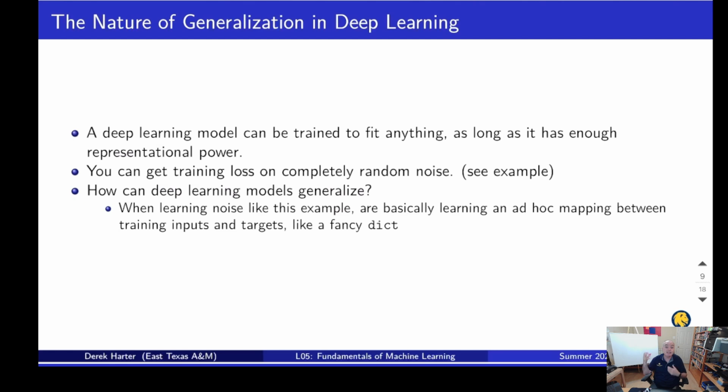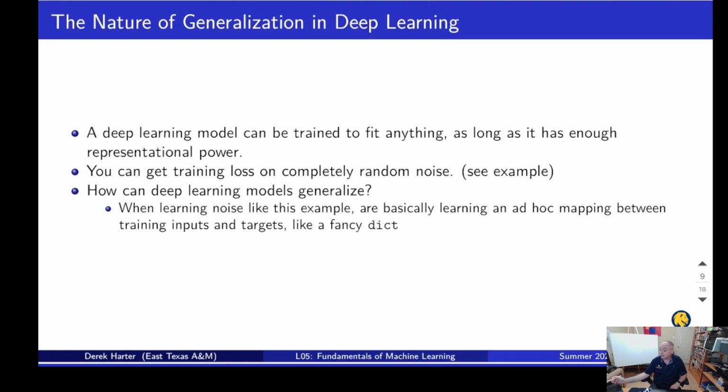And in deep learning, it's easy to get plenty of representational power, adding more layers or more units to layers, things like that. This effectively means that you can always add enough representational power so that your model will be able to continue to lower the training loss as you train it, right? Even on completely random noise.